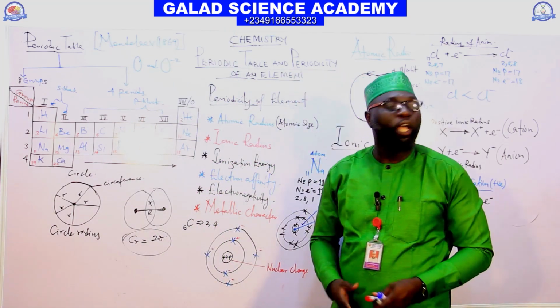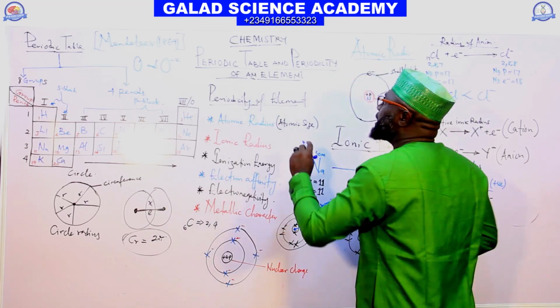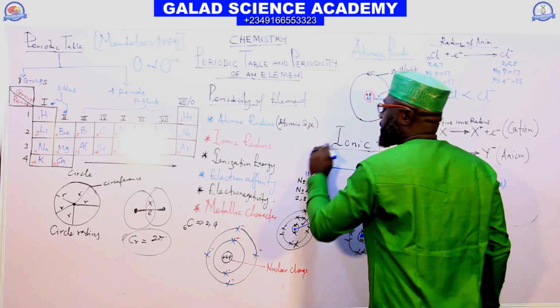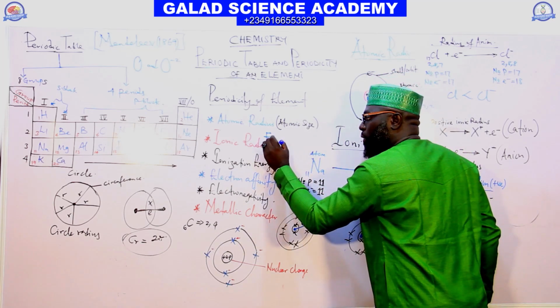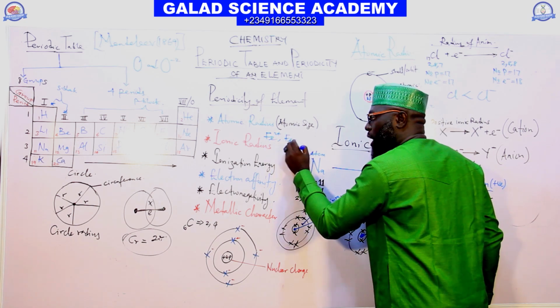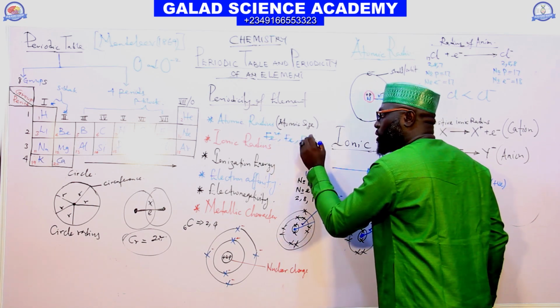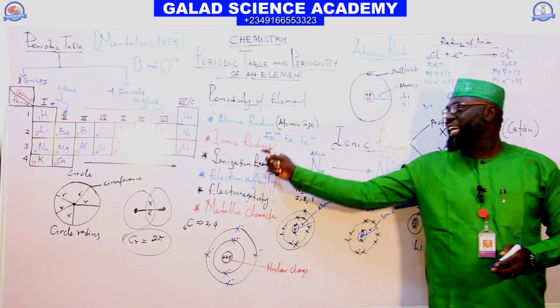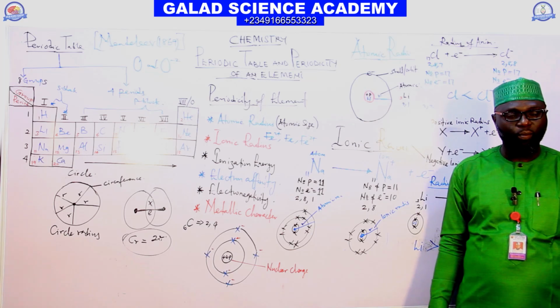We can also be asked to explain or arrange the following: ion 2+, atom, and ion 3+, based on increase in atomic size.